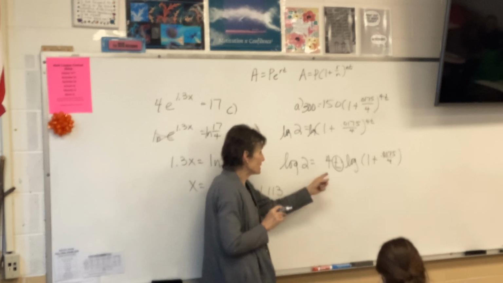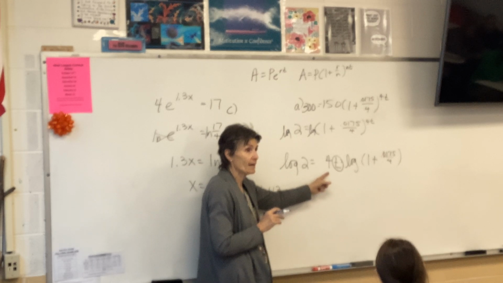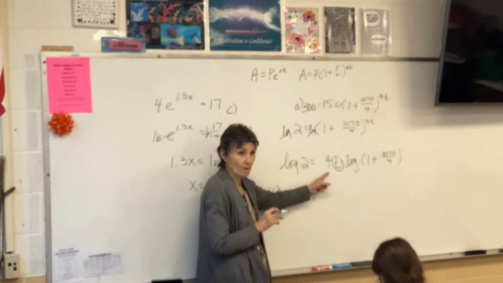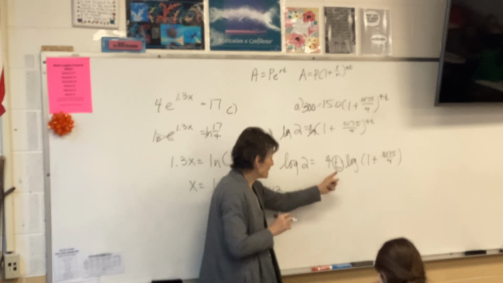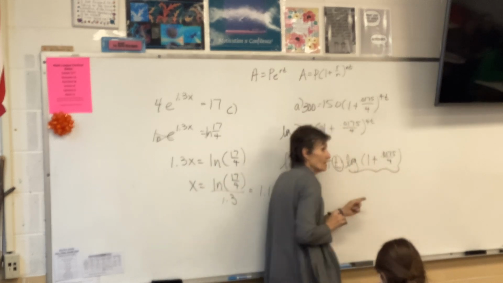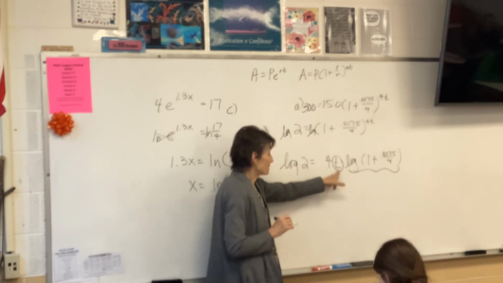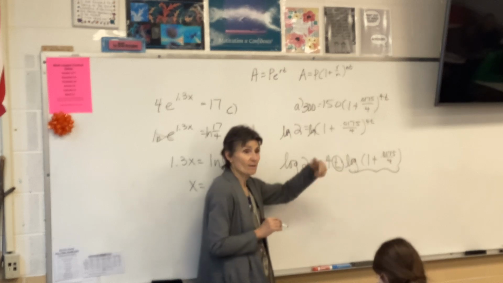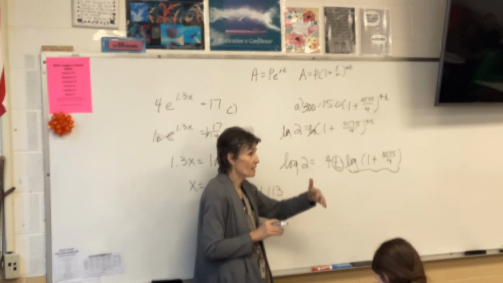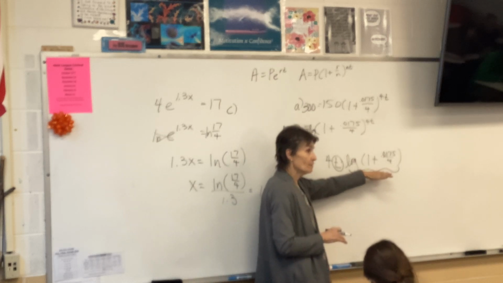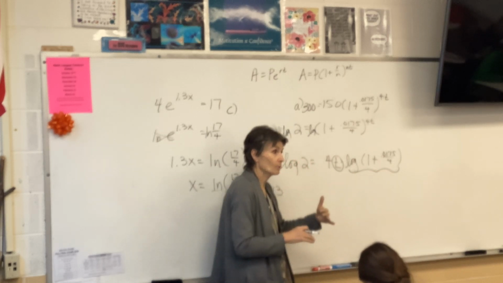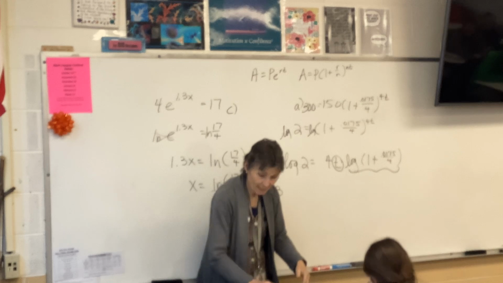So that means we have to divide by 4, right? That'll get rid of that. And then we need to divide by that to get t. One of the other classes called it double divide. We have to divide by this and then divide by this to get t totally by itself.